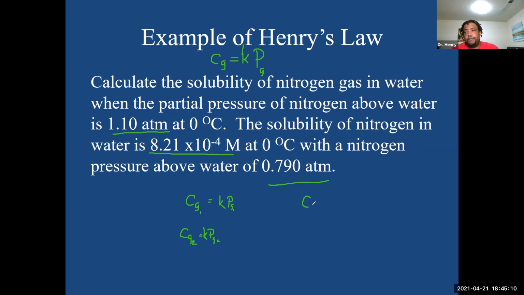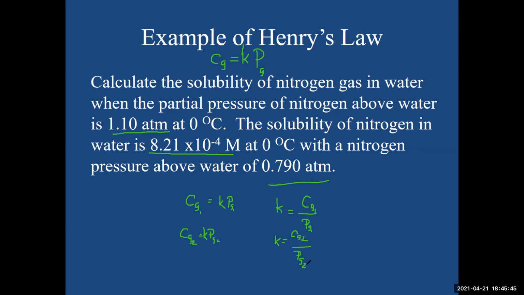So we'll have CG1 over PG1 equals K. Same thing down here, CG2 over PG2.